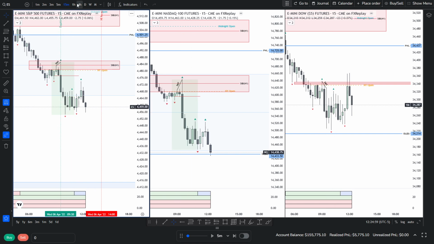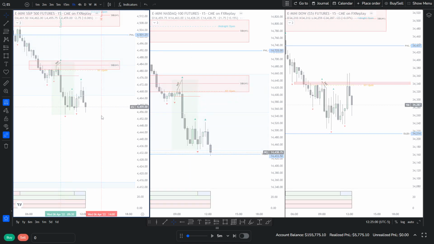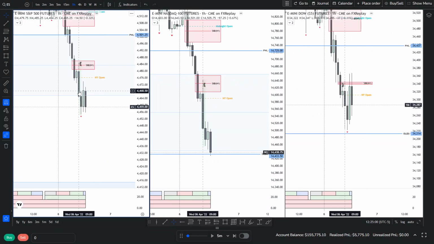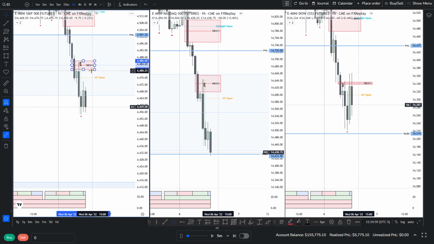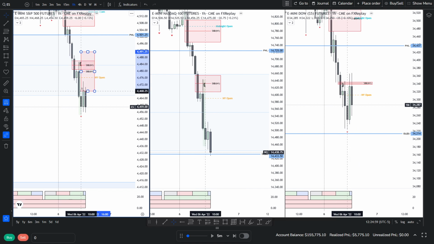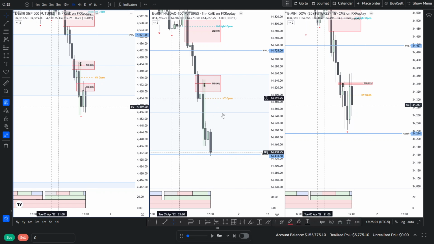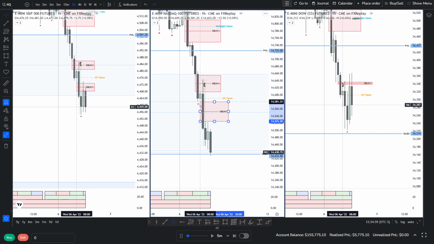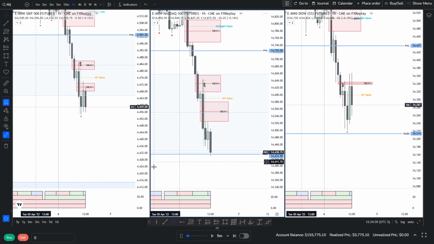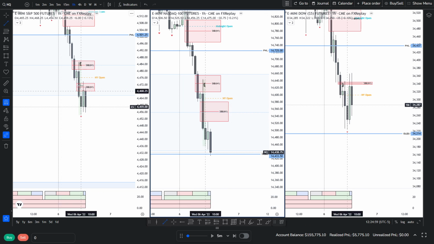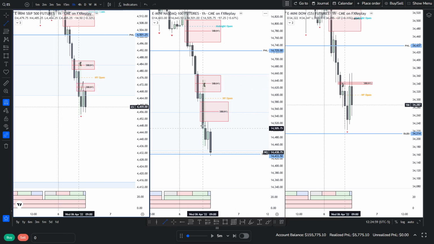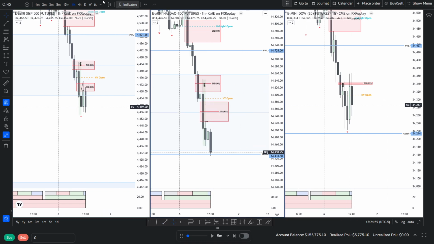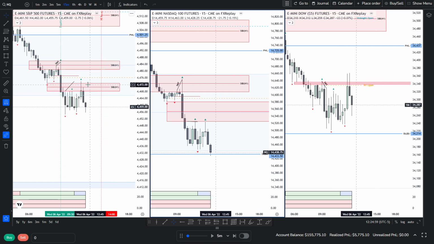If we just go out to, I think, the hourly. Be highly surprised if this was a trade idea.